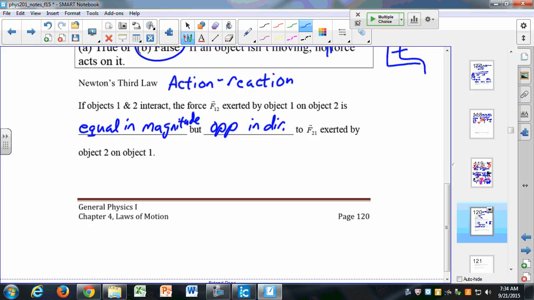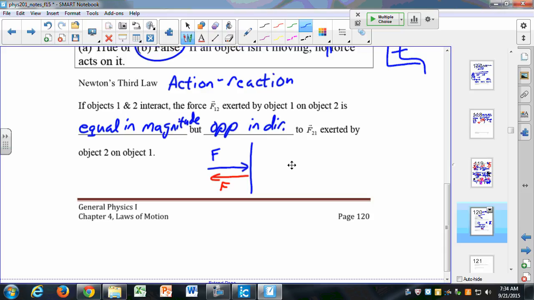Anytime you have a contact force, like if you're in a fist fight or whatever, every time you hit somebody, they push back on you with the same force. For example, if I push on the wall with a certain force, the wall is going to push back on me with that same force.